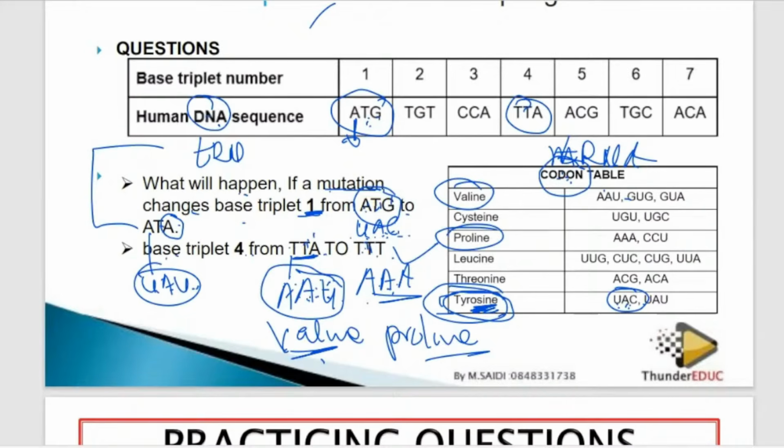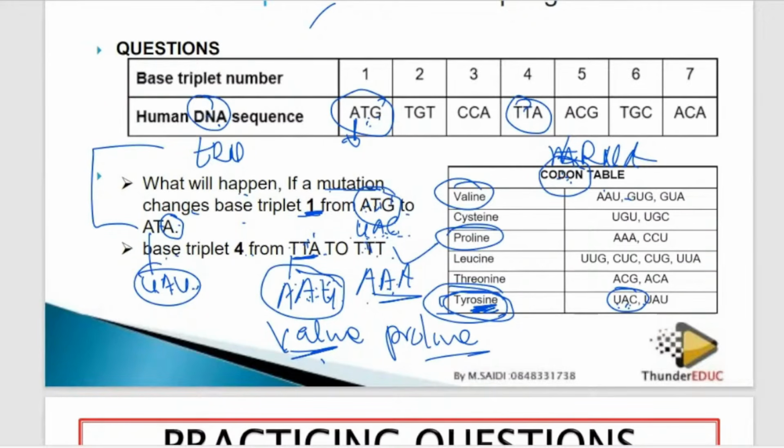Scenario number 3. Explain what will happen to a protein if the DNA base has changed. There they have not said it, you have to interpret it automatically.